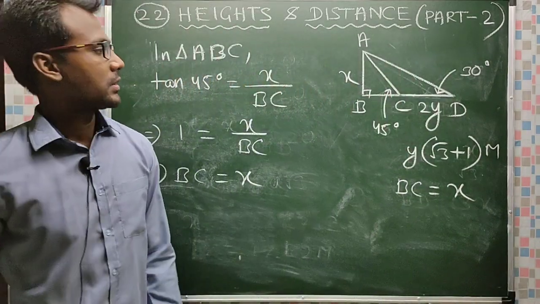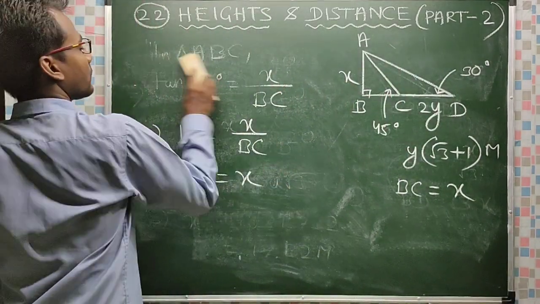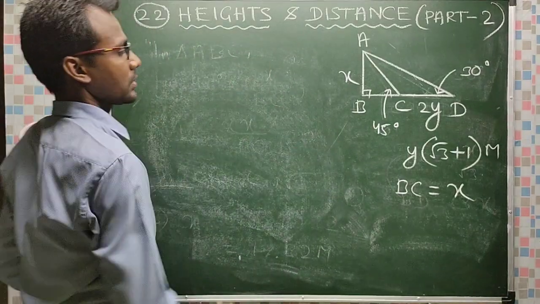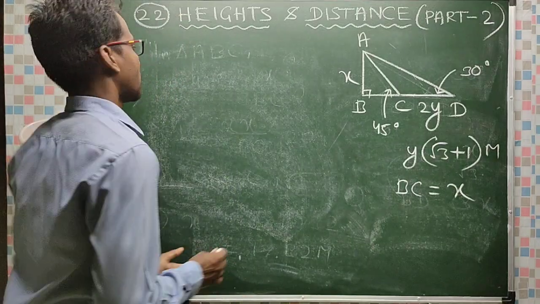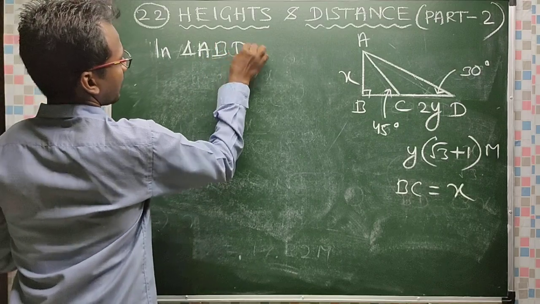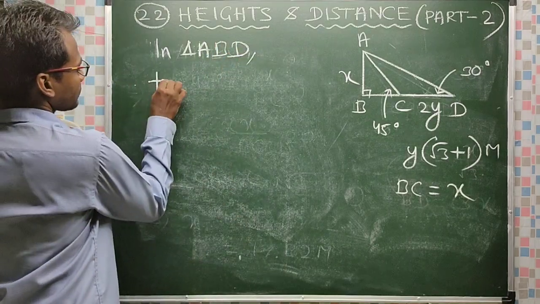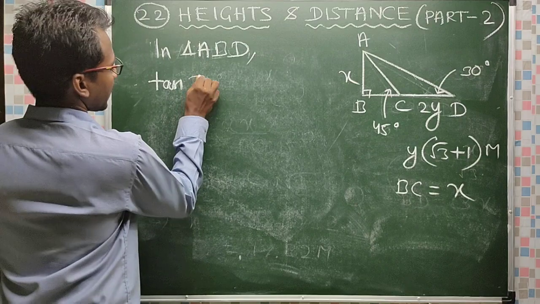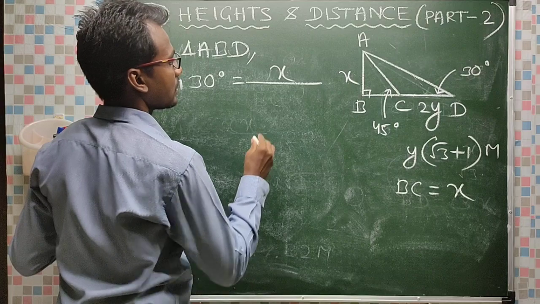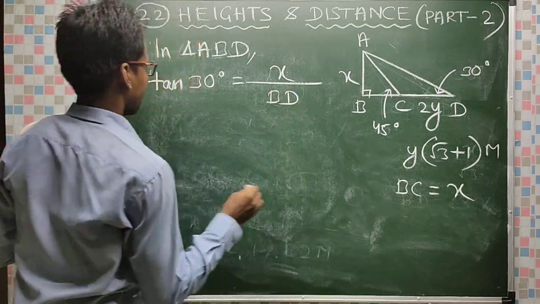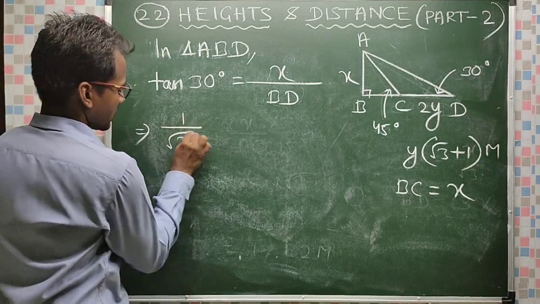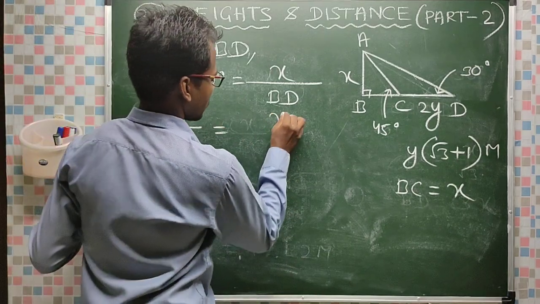Ready? Now we will go for BD. For BD, we have to take the big triangle ABD. So in triangle ABD, tan 30 degree is equal to x by BD, perpendicular by base. What is tan 30 degree? 1 by root 3 is equal to x by BD.